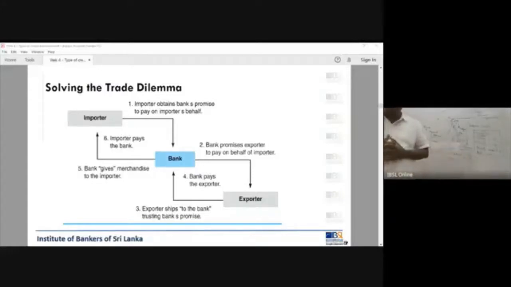So how it happens is, the bank will release the goods, but the bank has the liability. Only if the documents are in order will the bank release the goods. Banks release the goods, but the bank has the liability to pay on the due date.